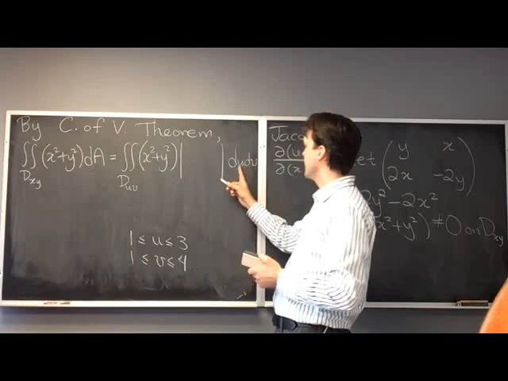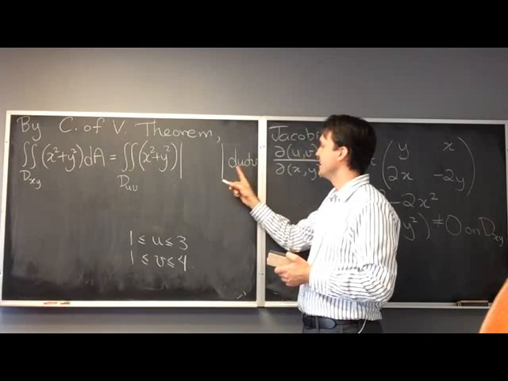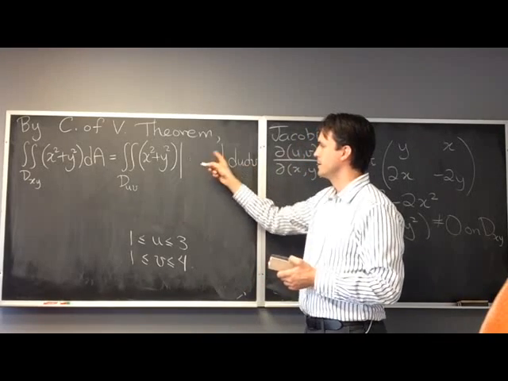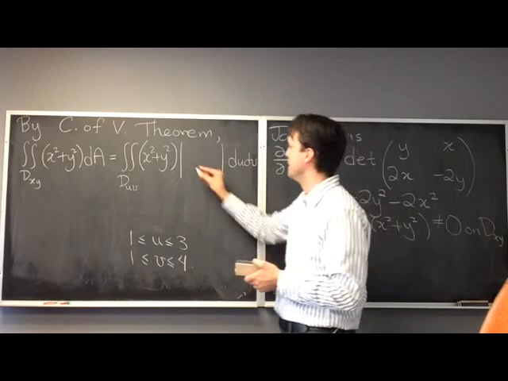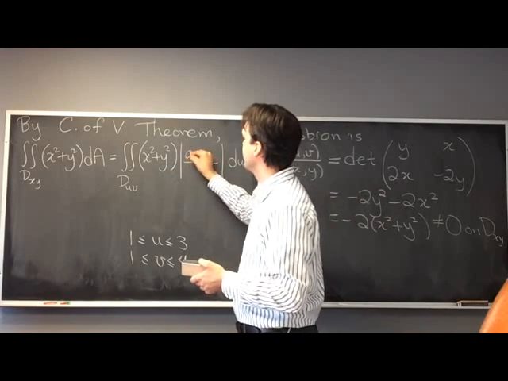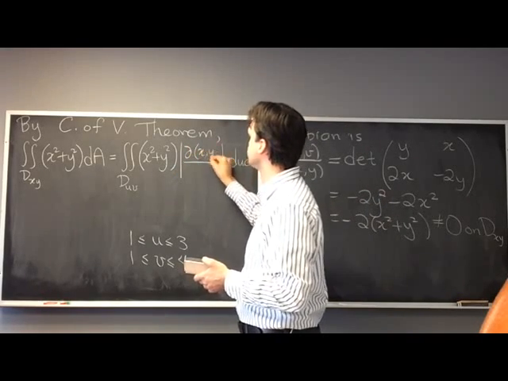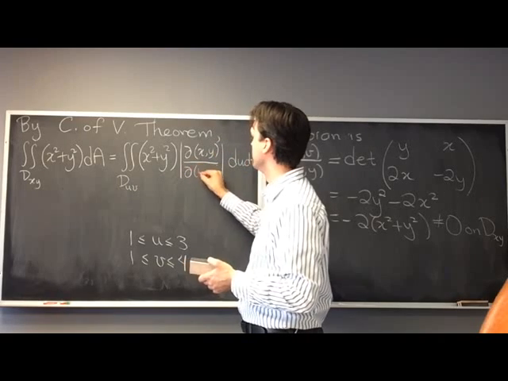I always remember it as wanting the du dv's to cancel and leave a dx dy, because that's what it was. So the Jacobian we need here is ∂(x,y)/∂(u,v).